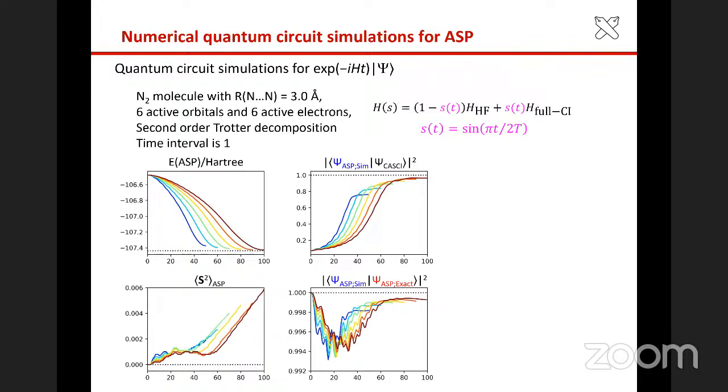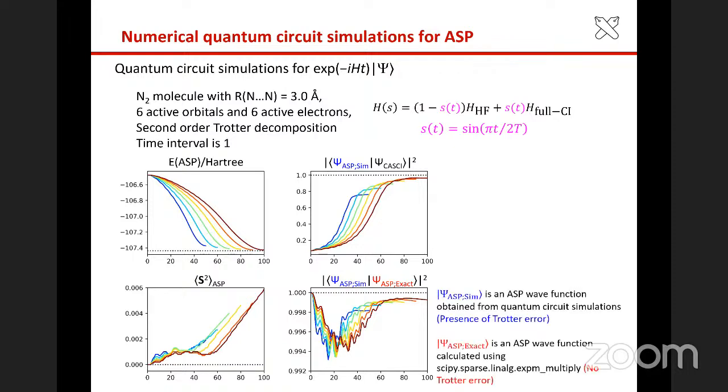Interestingly, we calculate the overlap between two ASP wave functions. This one is the ASP wave function obtained from the quantum simulation, and this one is the ASP wave function calculated using the psi4 sparse function. So the difference is that this blue one includes the Trotter error.